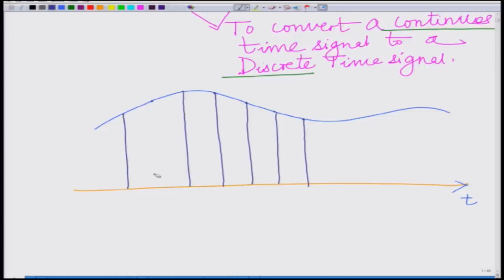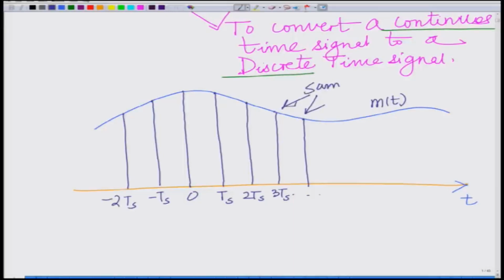Let us say the sampling time is 0, then I sample it at Ts, the second sample at 2Ts, 3Ts and so on, then minus Ts, minus 2Ts. So, this is my signal, let us say m(t), and these are the samples of the signal.